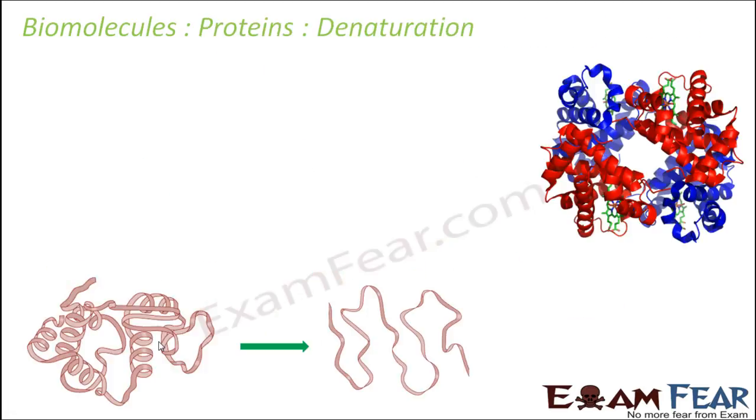Now we will talk about another important property of proteins, that is denaturation. Now that we have spoken about all the different structures of protein, you should know that proteins always have a unique three-dimensional structure. These proteins as such are known as native proteins, but there is a possibility that the protein might lose its complex structure.